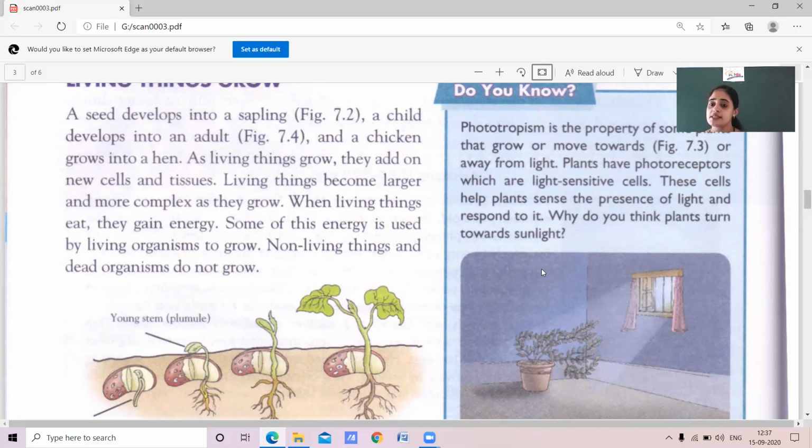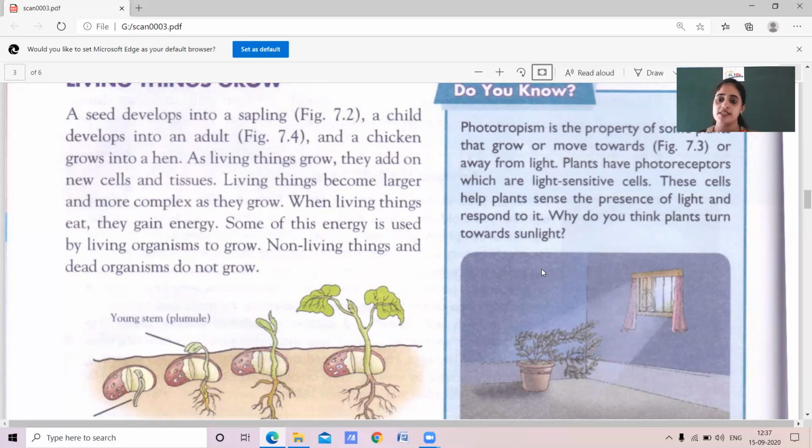All living organisms eat food. Food helps them grow. So, for growth, we need food. That we have already discussed in the earlier lesson. This is the first characteristic of living organisms, whereas non-living things and dead organisms do not grow. They will not show growth like living things.